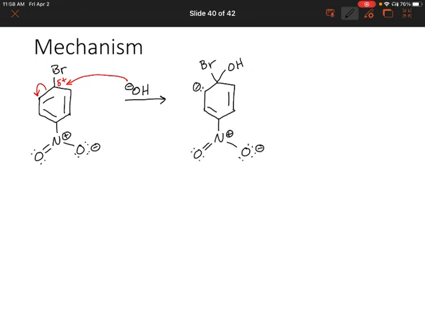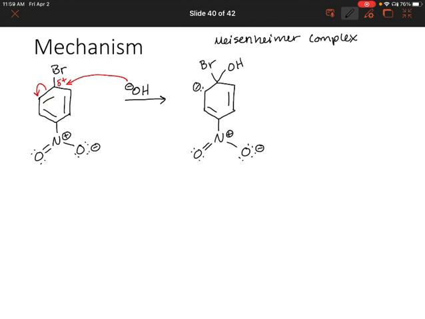Okay, so this intermediate is called a Meisenheimer complex. And notice that this is different from our sigma complex, also known as an arenium ion. So remember, in a sigma complex, we have a positive charge on the ring. In this case, we have a negative charge, so this is different.